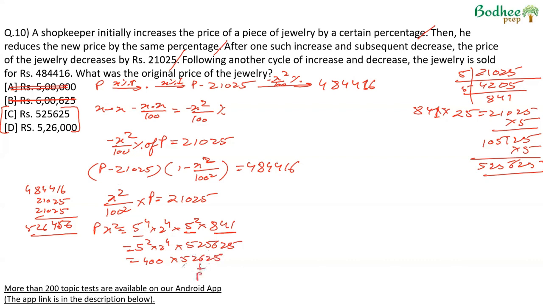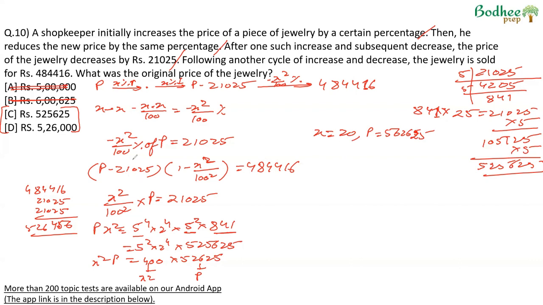So this becomes the value of P, X square P. This becomes X square. The value of X becomes root of 400, which is 20, and P becomes 525625. Now we check the values to get the answer in the second case.